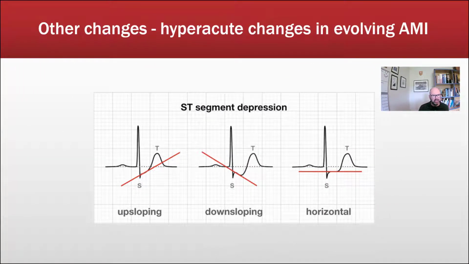ST segment depression is another common finding in a non-STEMI. It is far less predictable for the diagnosis of an AMI than an ST segment elevation presentation is. However, it should still raise the level of suspicion for AMI when seen.